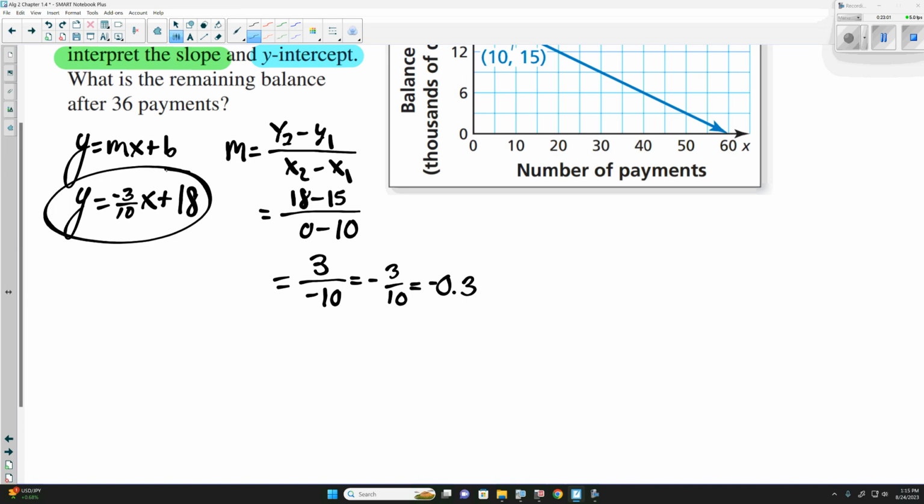Now we need to interpret the slope. So we can use negative 3/10. So for every 10 payments, the amount goes up or down. The amount goes down. Really hope it doesn't go up.